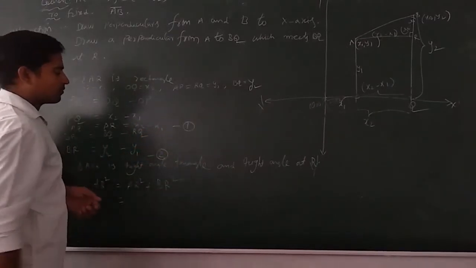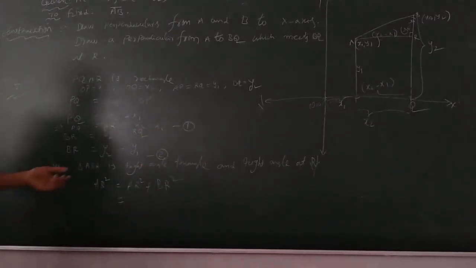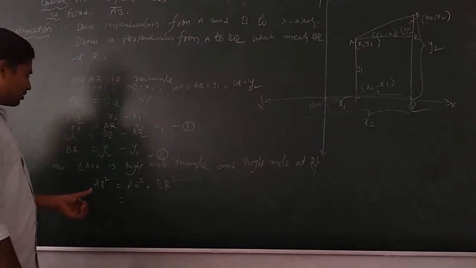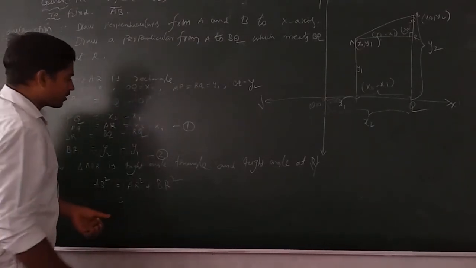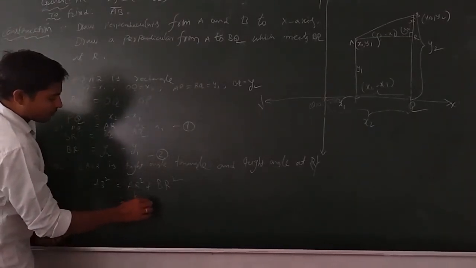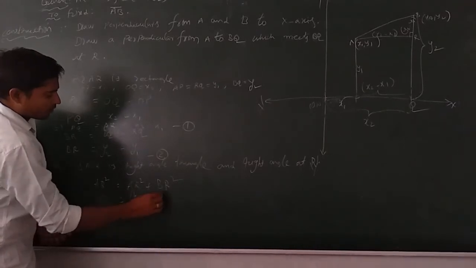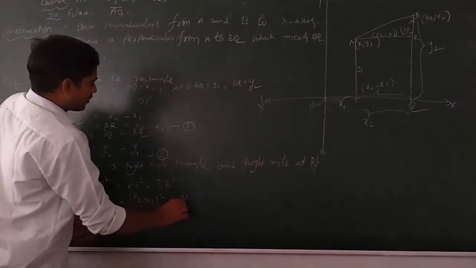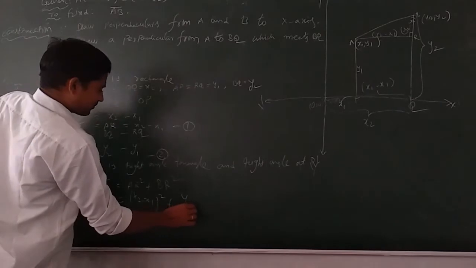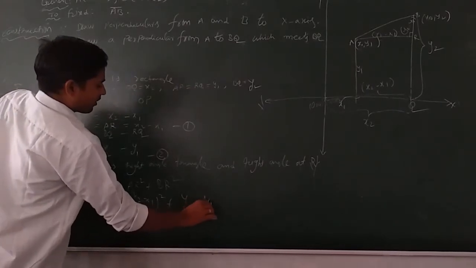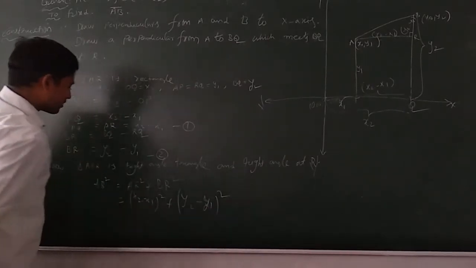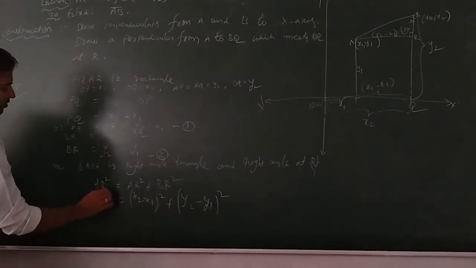Now this is one. So BR we directly have. So AR is equal to x2 minus x1 whole square. BR is equal to y2 minus y1 whole square. What is AB square equal to?